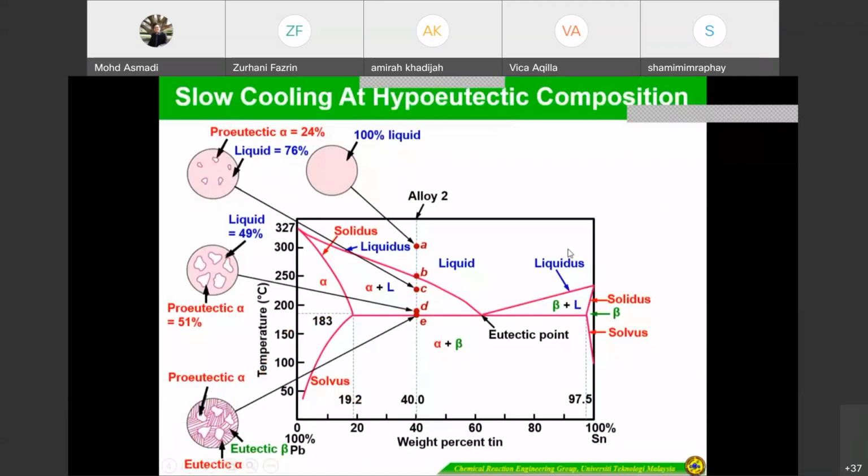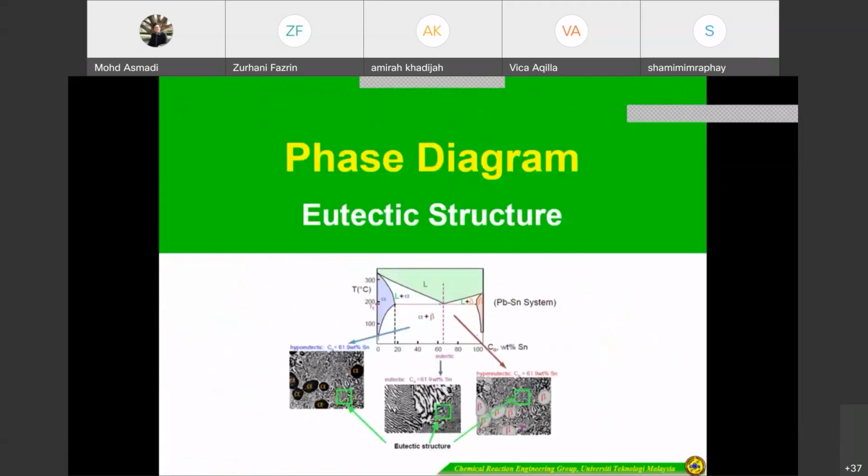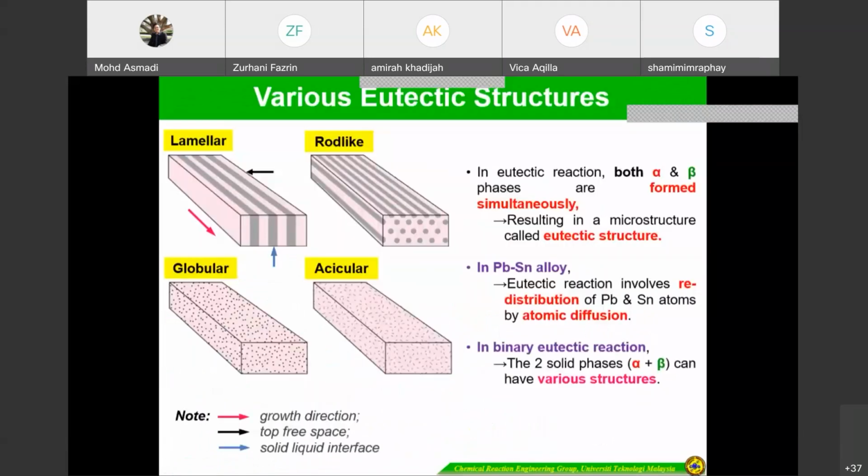Okay, so this one, there are various eutectic structures. This one is lamella. This is the growth direction, the arrow is the growth direction. And then rod-like, globular, circular.